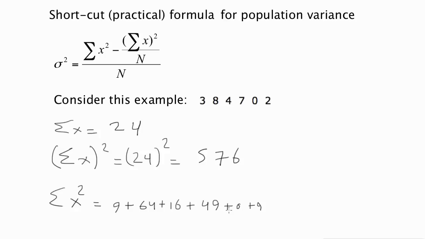So all I did here is I squared every value before I add them. So 3 squared is 9, 8 squared is 64, and so on.